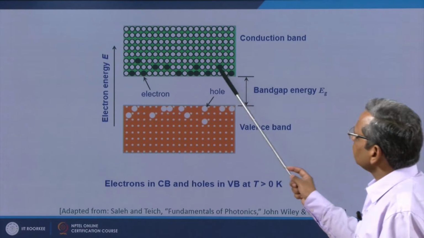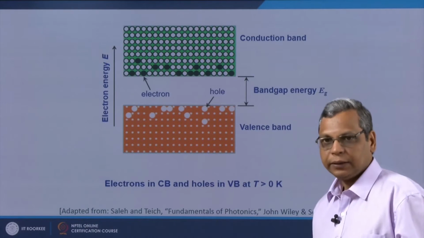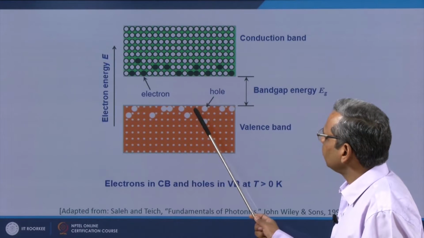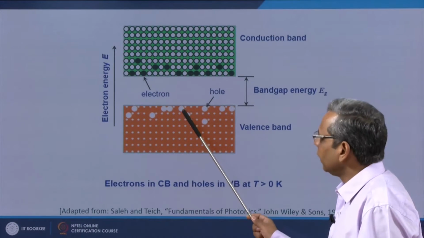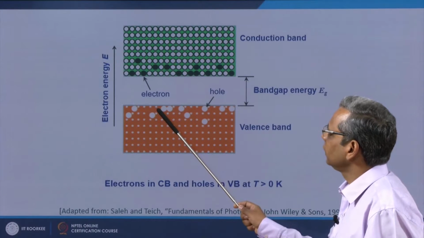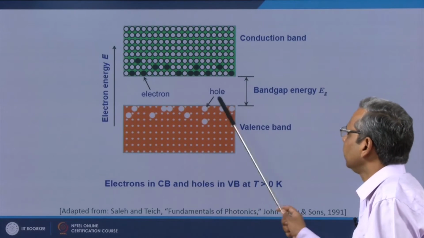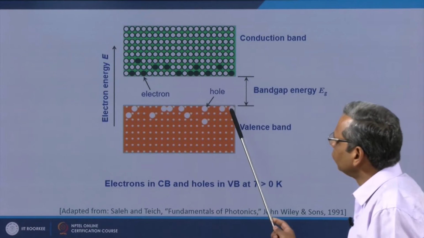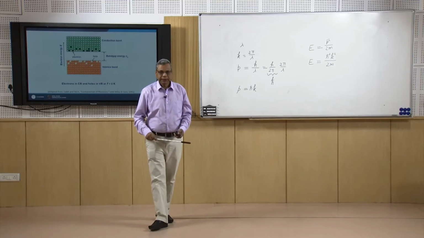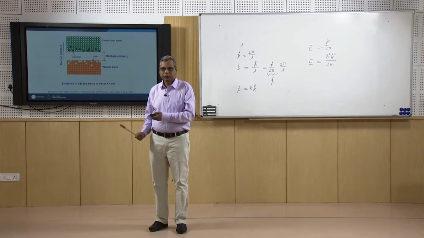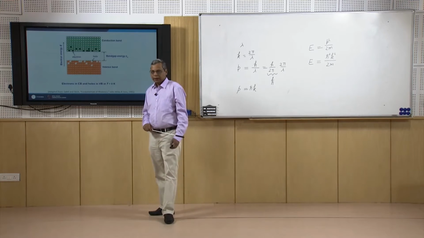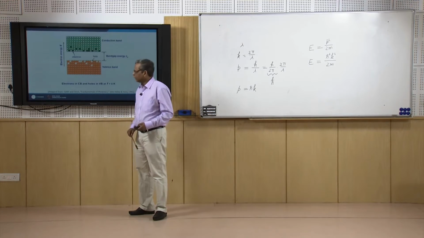So, these electrons now can move in the conduction band if you apply an electric field, and these vacancies can be filled by the nearby electrons. The electron can move from here, so it will create a vacancy here, then from here to here, it will create a vacancy here. So, movement of electron in this direction is equivalent to movement of vacancy in the opposite direction, and since the electron is leaving a vacancy, I can say the vacancy has an equivalent positive charge, and this is known as a hole.